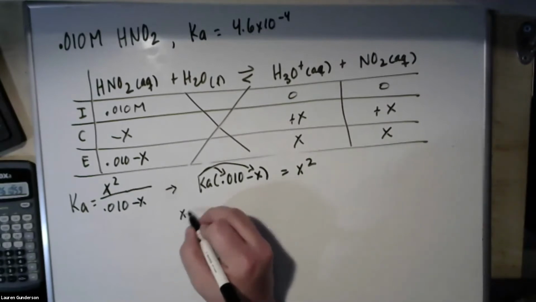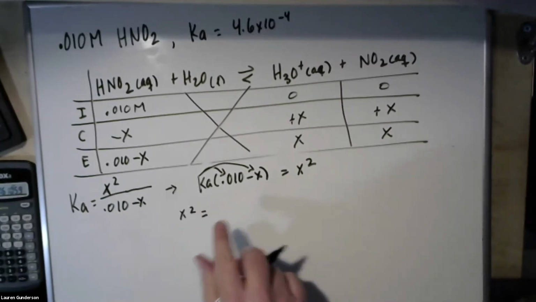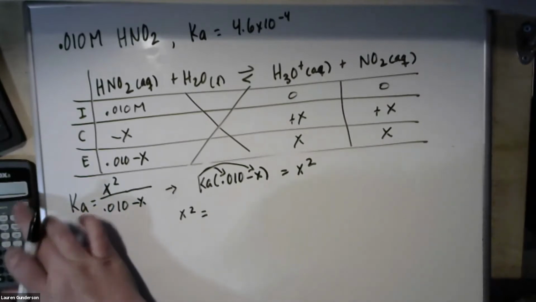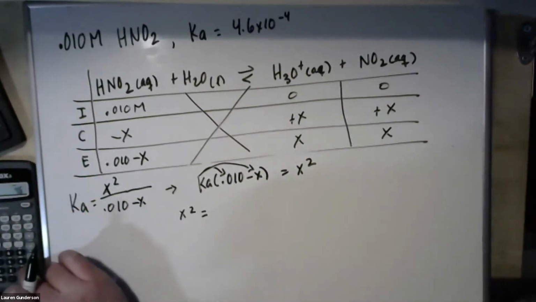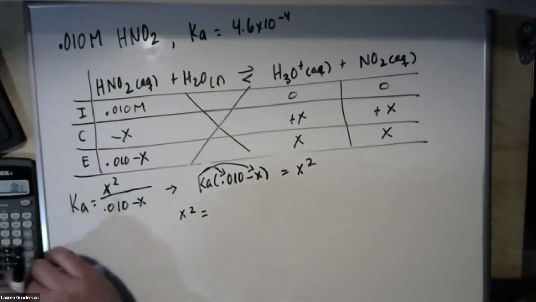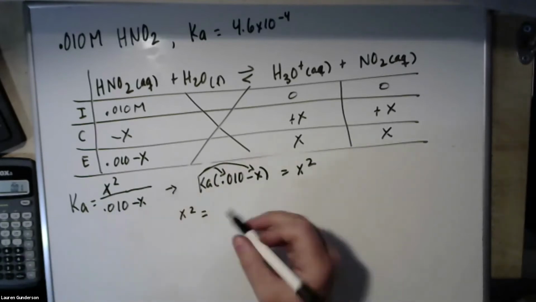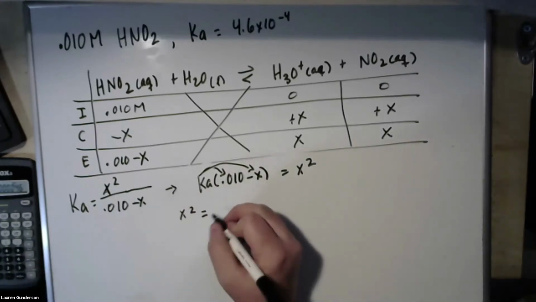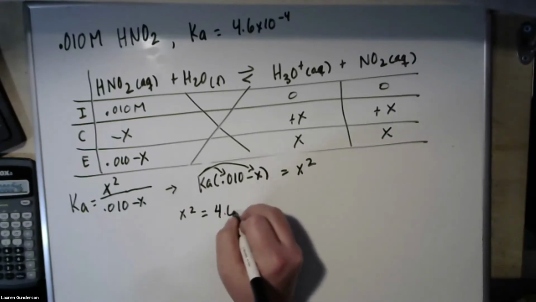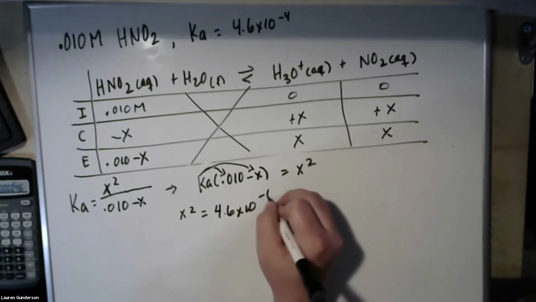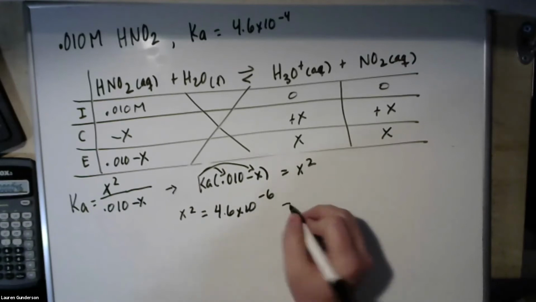So we'll say that x squared equals 4.6 times 10 to the negative 6 minus.